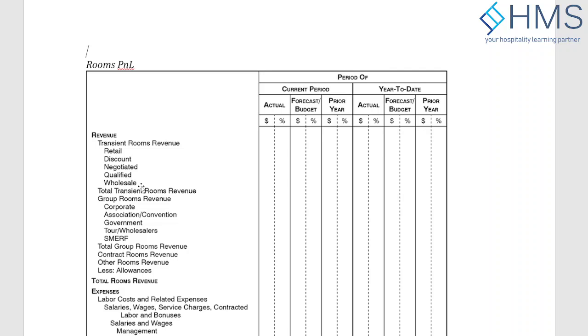Once you understand that the guests are mostly retail guests, the amenities consumption is high because they are coming for leisure. The discount rate is also there. Similarly, the discount consumption pattern may be higher. Maybe they are family guests, so the amenities consumption will be higher, so you may need to stock up. Your par levels will also differ depending on what type of guest you are getting.